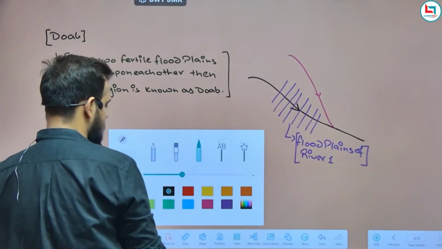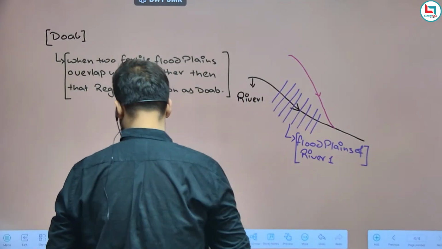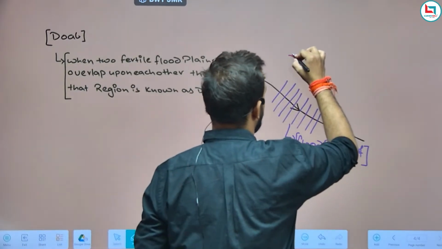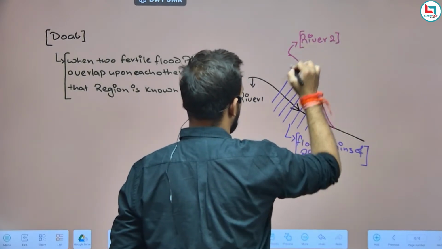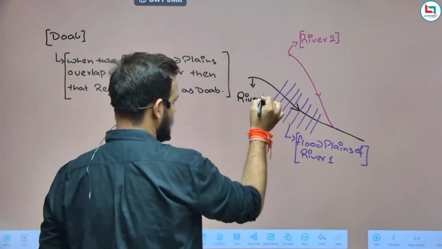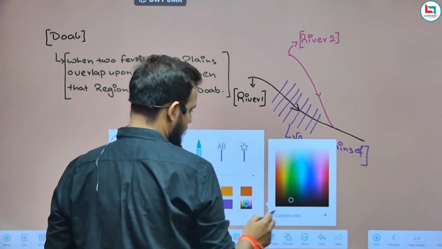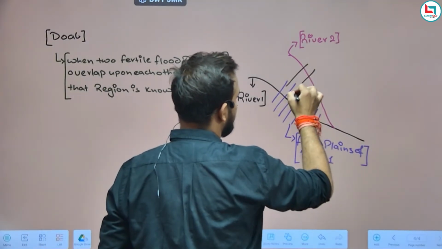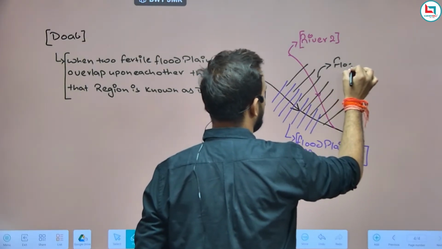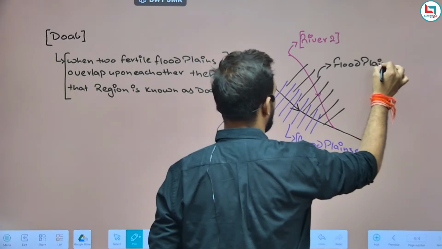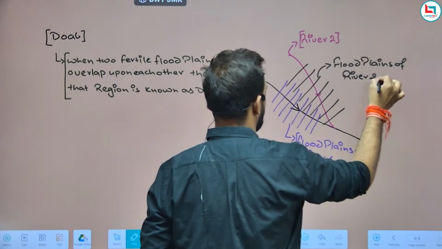Let's say this black one is river 1 and this pink one is river 2. Now, we see that river 2 is also making its floodplains. So they are the floodplains of river 2.